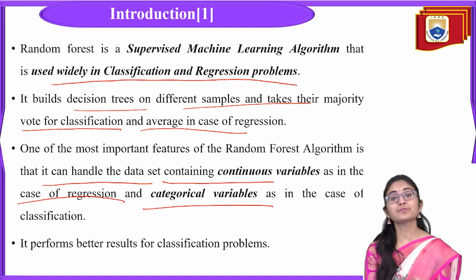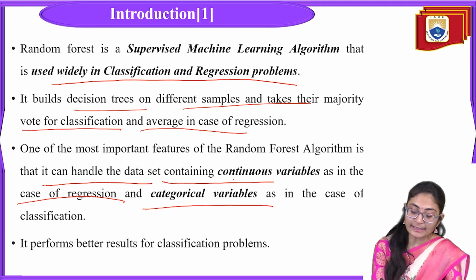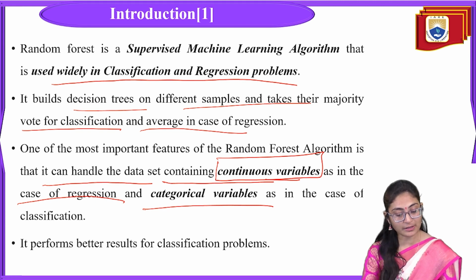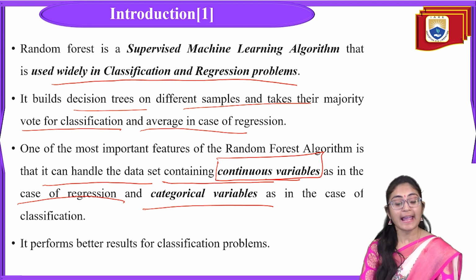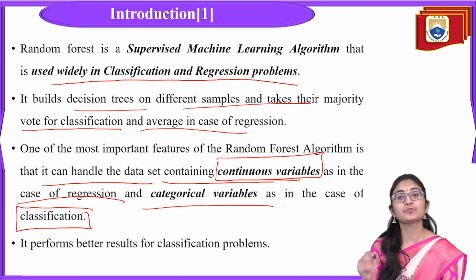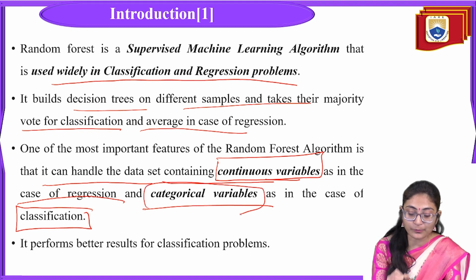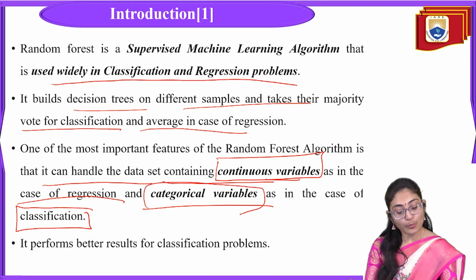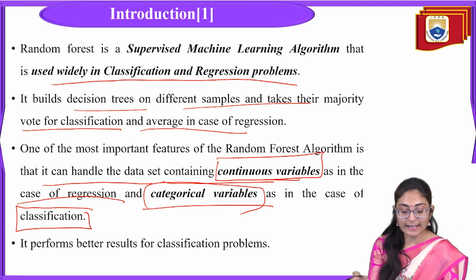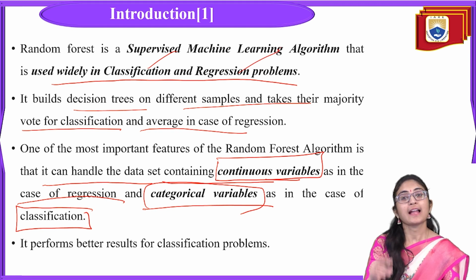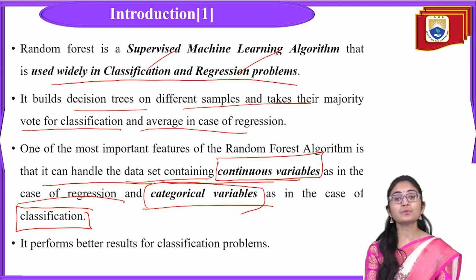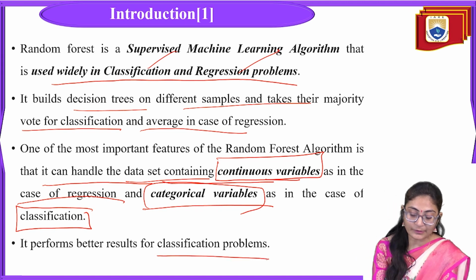That means if you are using a regression problem, you use continuous variables for handling your dataset, and if you are using a classification problem, you use categorical variables. Both problems occur in random forest, and it performs better for classification problems.